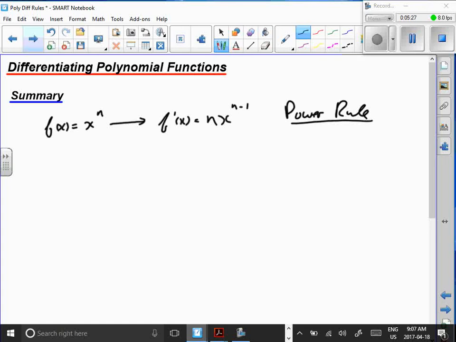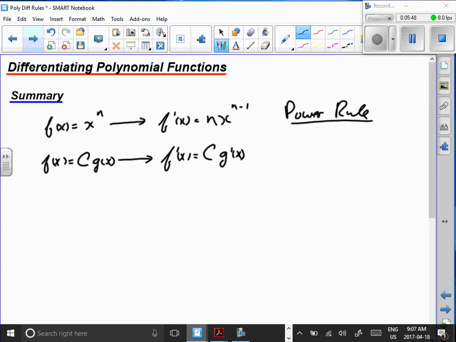if we have f of x equals a constant times some function g at x, then the derivative f prime at x is the constant times the derivative of the function.